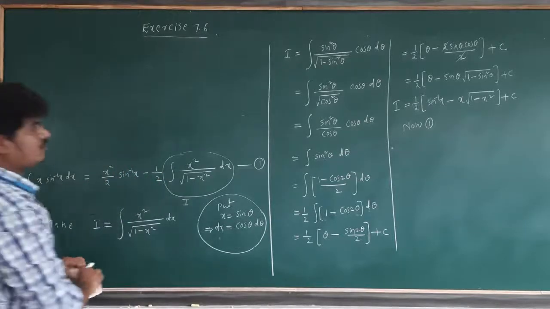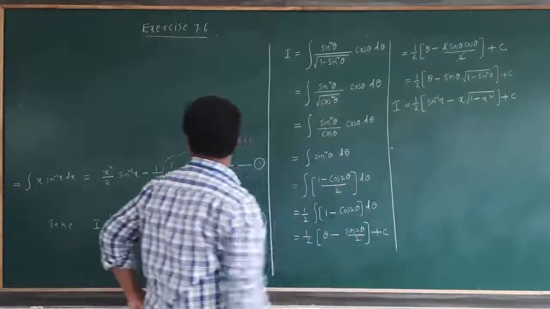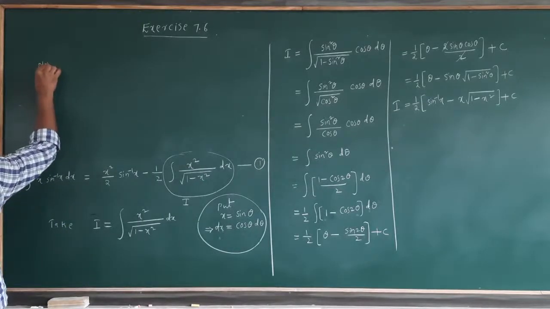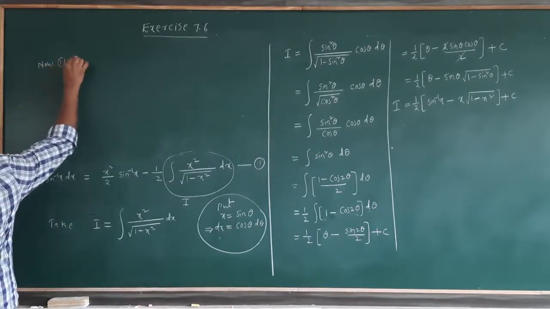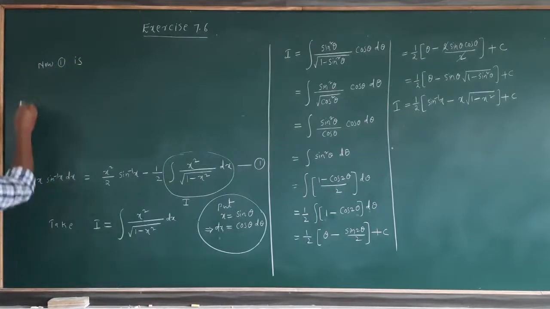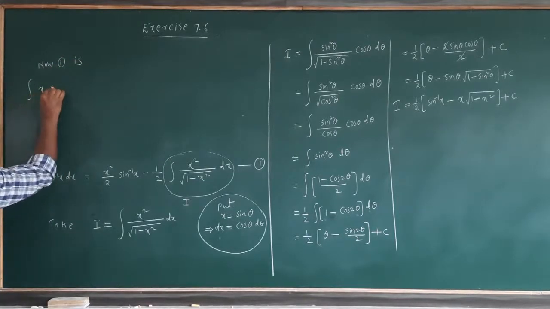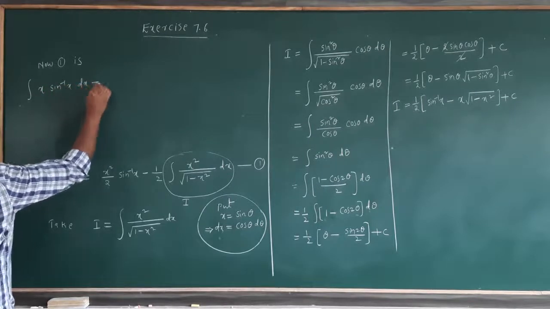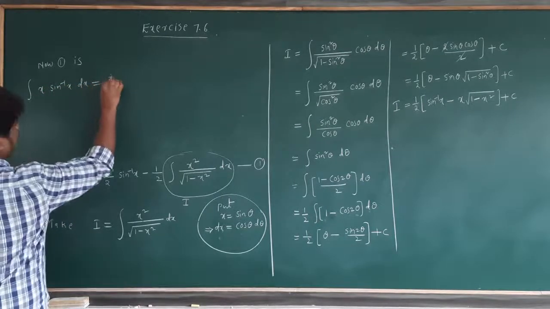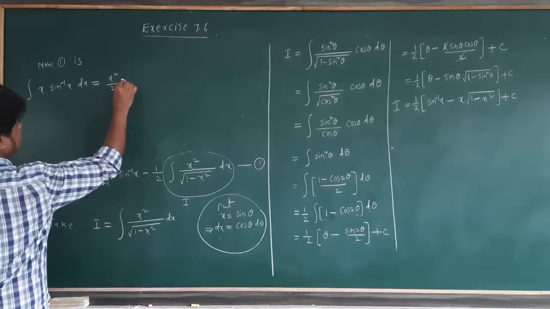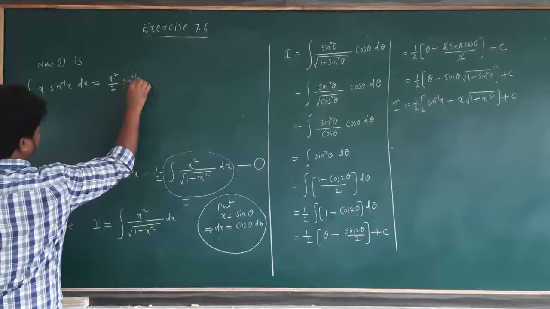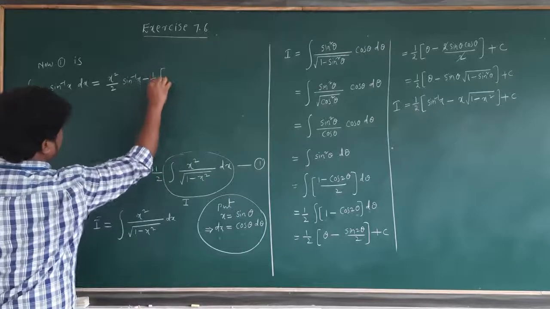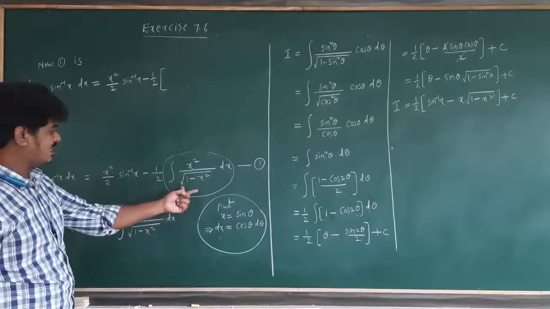Now 1 is the integral of x sin inverse x dx, which is equal to x square by 2 sin inverse x minus 1 by 2. Okay. This is what we call I.